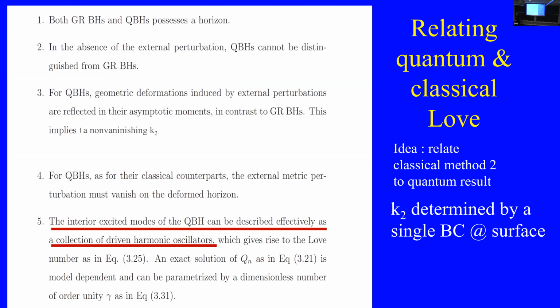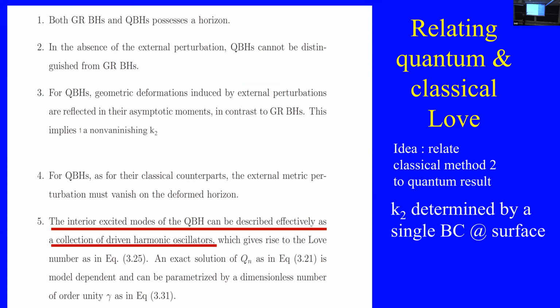But before that, I'm not expecting you to read this, and I will not read it either. It's just showing that we discussed very explicitly the conditions under which this type of comparison is valid, and we argued that it is valid for black holes.